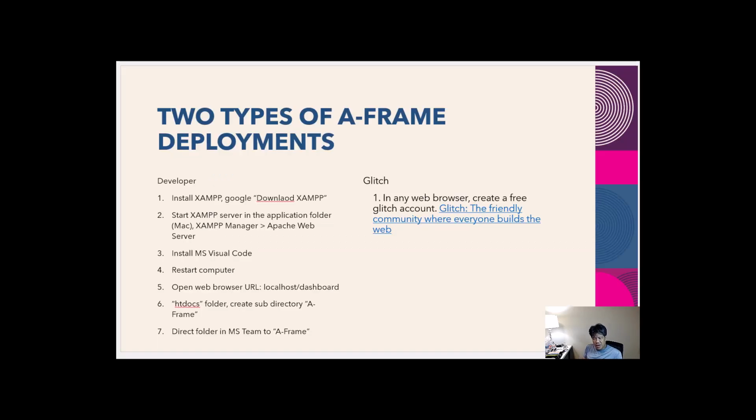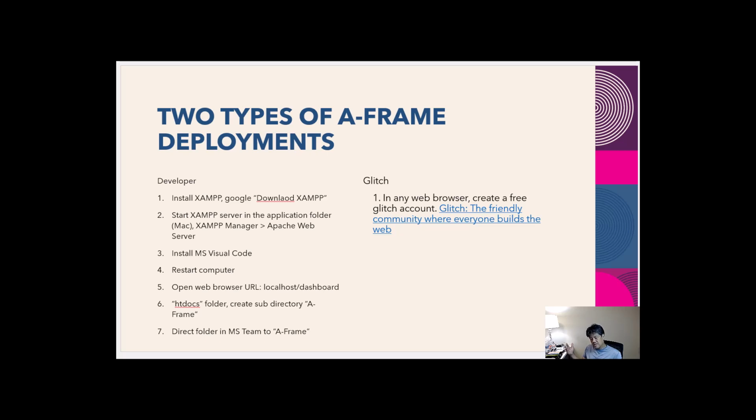Two types of A-frames that we're going to look at. You have what I do, and I don't recommend this for developers only. If you're developing this or if you're going to major in this field, the XR field, then as a developer, you will need to install what's called XAMPP.